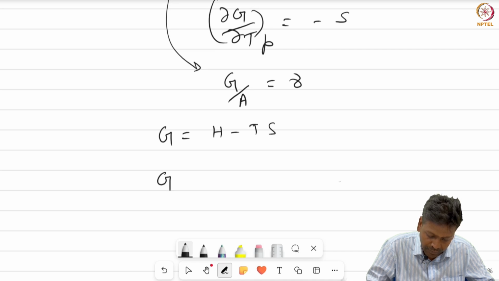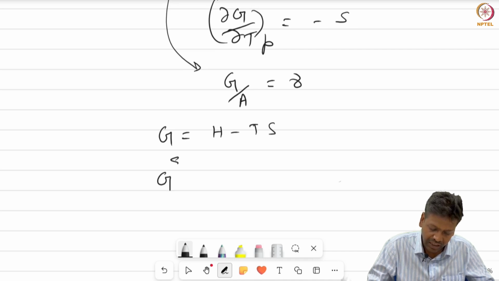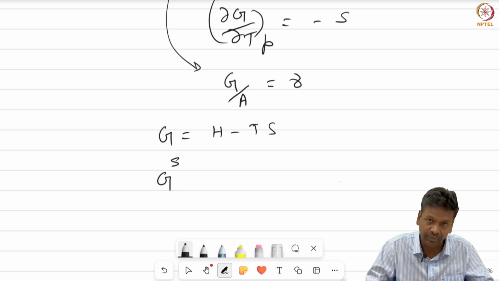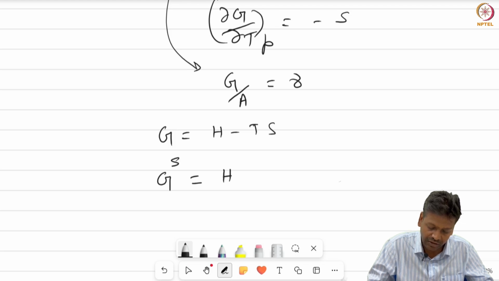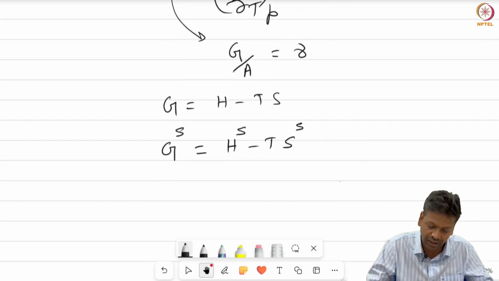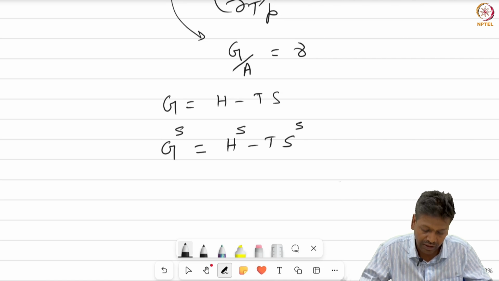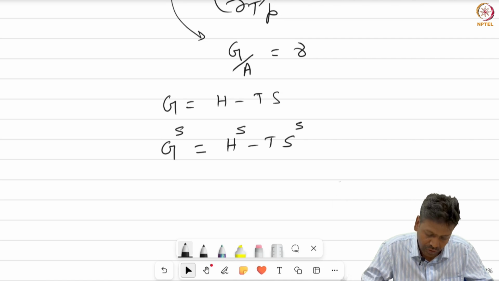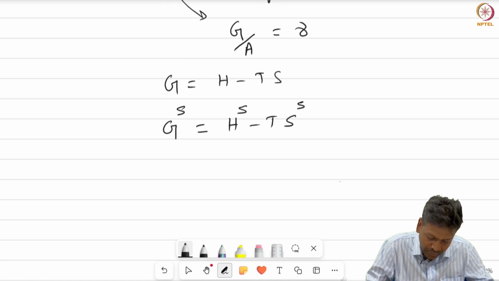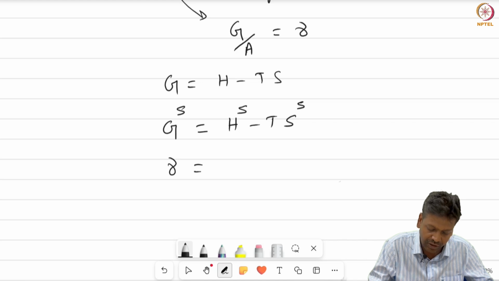I will write G superscript S, which represents excess Gibbs free energy measured per unit area. In the same way, you can represent enthalpy superscript S minus T entropy superscript S. So each term has been normalized with respect to area. In this case, I can simply write G superscript S as gamma itself. In this way, I could bring gamma into this equation.